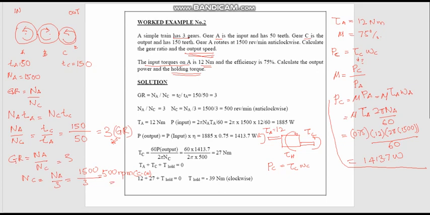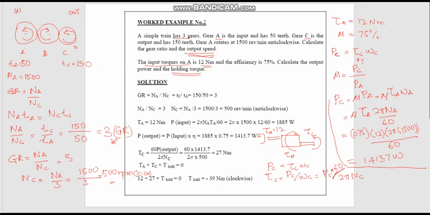So I can calculate tau C is equal to PC divided by omega C. And this is equal to PC divided by 2 pi NC divided by 60, so it's times 60 on the top.